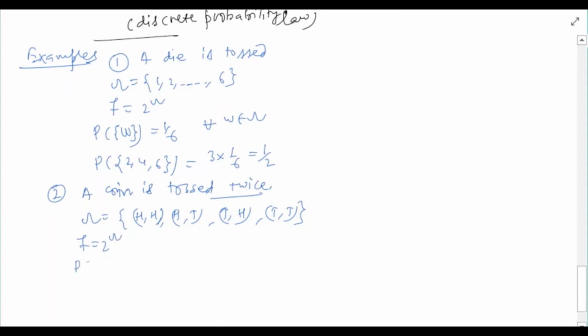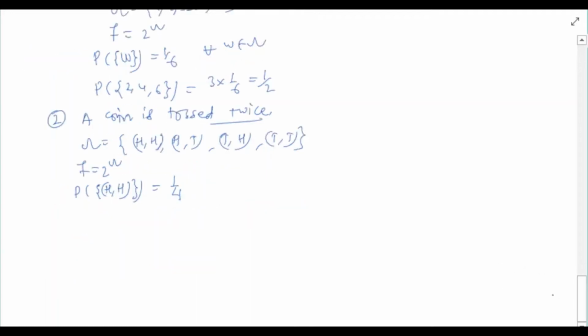Probability of an event which is a singleton set, say HH, will be 1 by 4. So will be probability of other singleton sets, say HT or TH or TT.